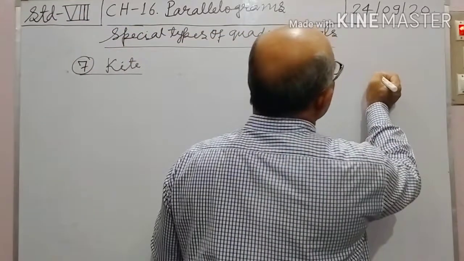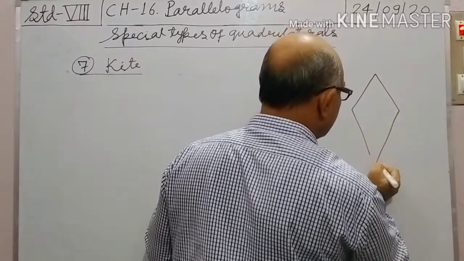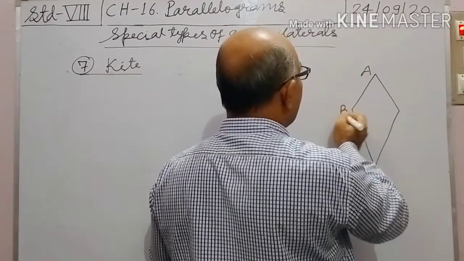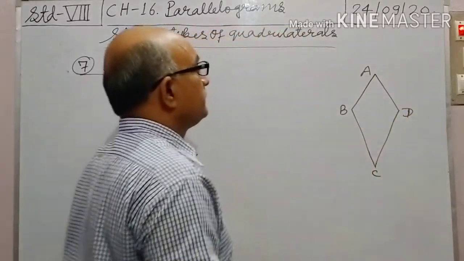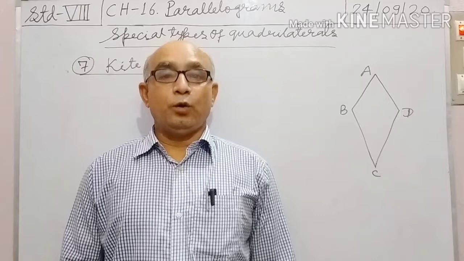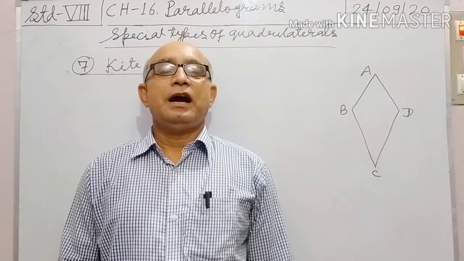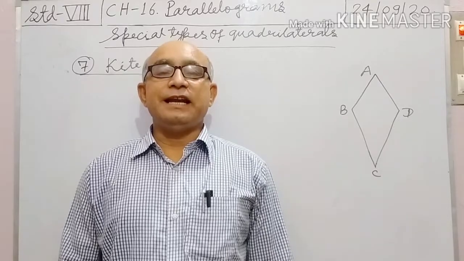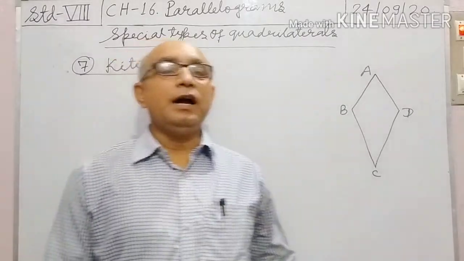The figure of a kite is ABCD. Define a kite: a quadrilateral in which two pairs of adjacent sides are equal and opposite sides are not equal is called a kite.